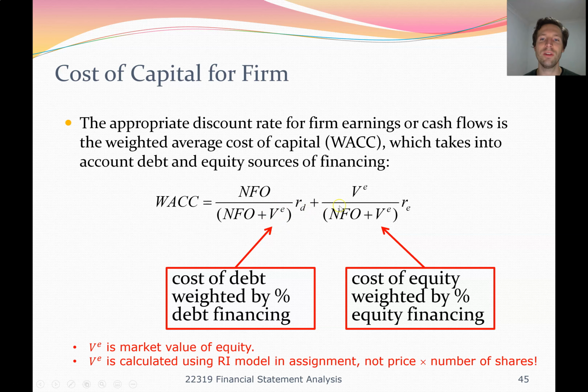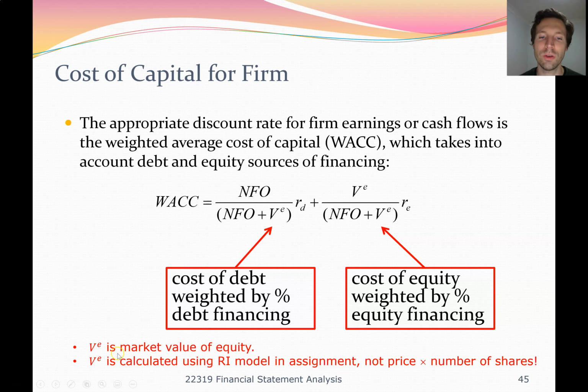We then plus the value of equity, that's that market value of equity from the number of shares times the current share price, divided through by our NFO plus the value of equity, times the cost of capital of equity, which we talked about calculating using the capital asset pricing model. So we get how much debt to equity we've got, times our cost of debt, plus how much equity to total firm value we have, times our cost of equity, gives you a weighted average of your cost of capital.